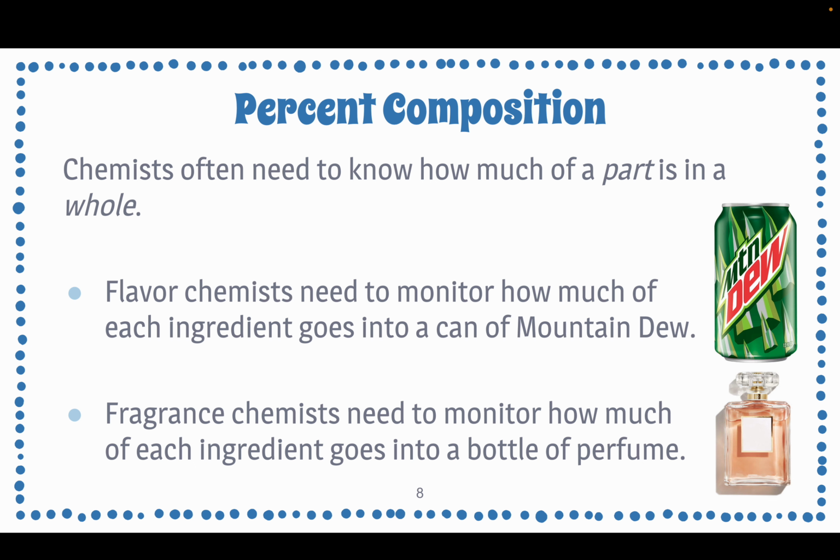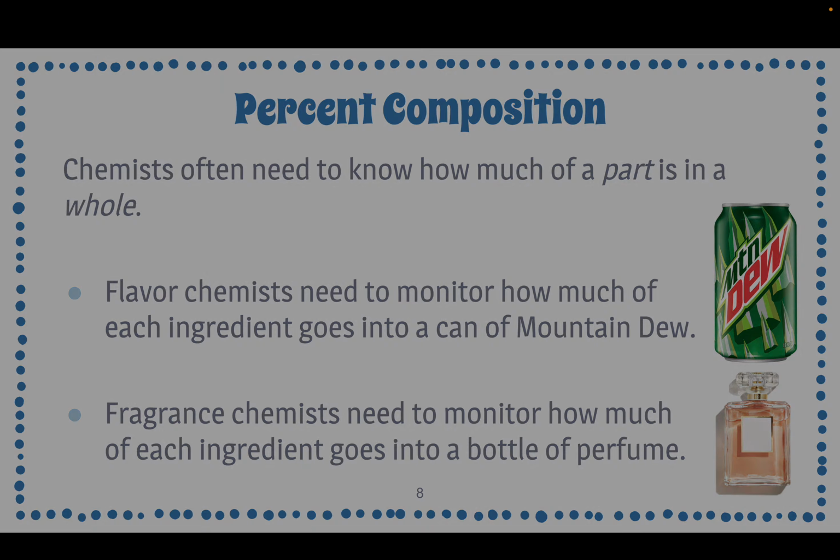For example, flavor chemists need to know how much of each ingredient goes into a can of Mountain Dew. And fragrance chemists need to monitor how much of each ingredient goes into a bottle of perfume, not only so that it smells nice, but so that it functions properly. It's not too oily. The correct substances evaporate off your skin. There's not too much of anything.